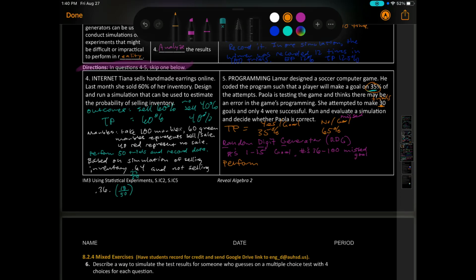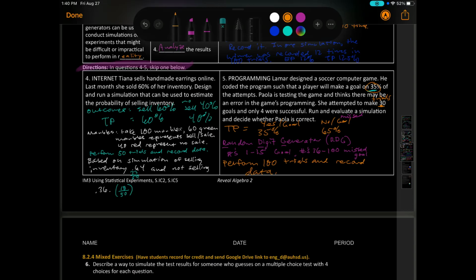Trials. But it's always, you don't have to, but of course more trials the better. So perform, I always like the number 100, perform 100 trials and record data. Okay, so let's try this.